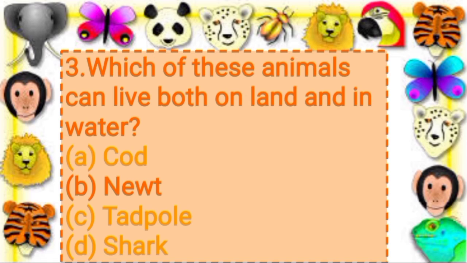So the answer is option B, newt, which is an amphibian, which means an animal which can live both on land and in water.